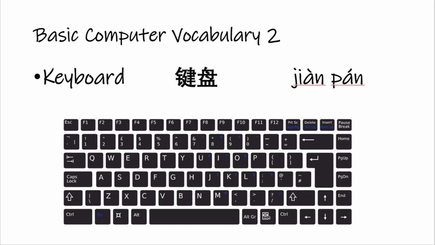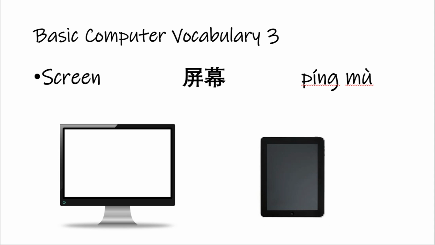It's basically a plate or a palette or a board. So here we just see a board of keys or a palette of keys or a plate of keys. Again, keyboard in Chinese is 键盘.